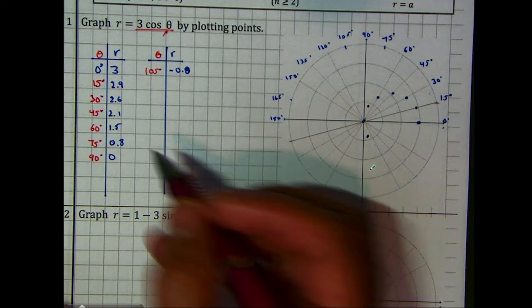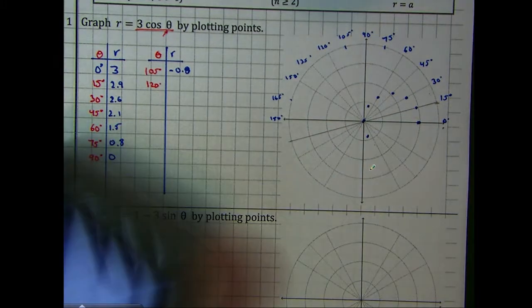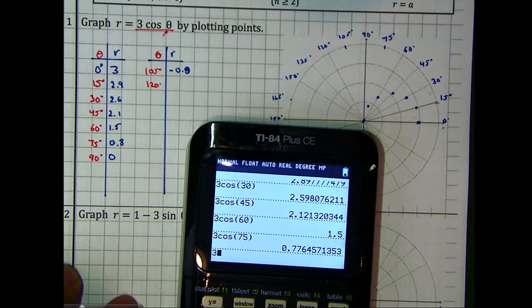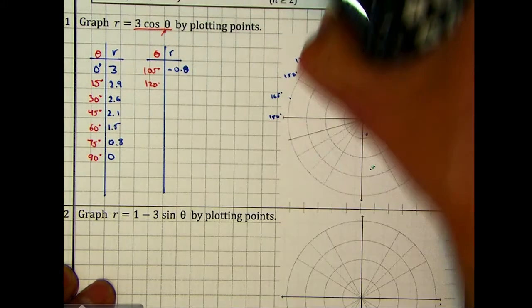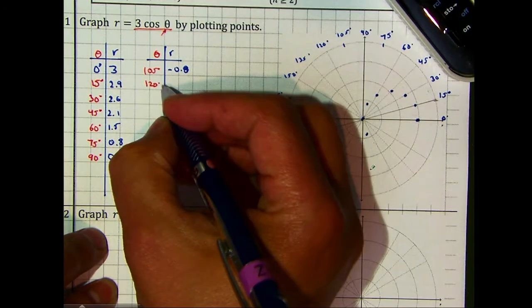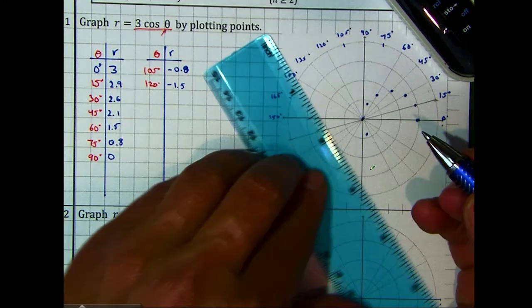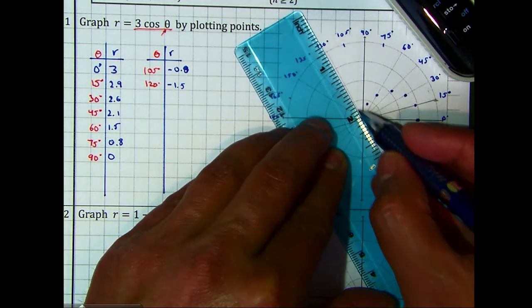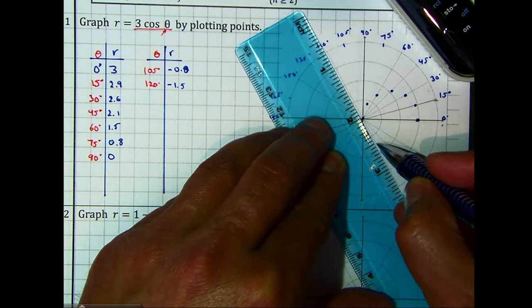Then I'm going to type in 120. So it'll be 3 cosine of 120. It'll be negative 1.5. So 120, instead of going towards 120, I'm going to go backwards since it's negative. So therefore it'll be negative 1, negative 1.5.